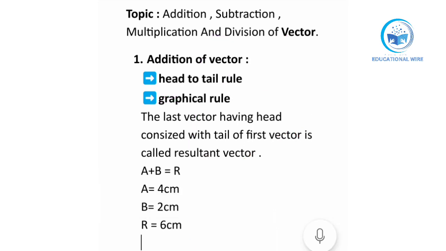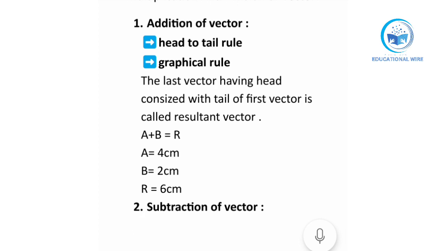Now let's move forward. Number 2, we have subtraction of vector. It will be easy for you if you understood number 1.